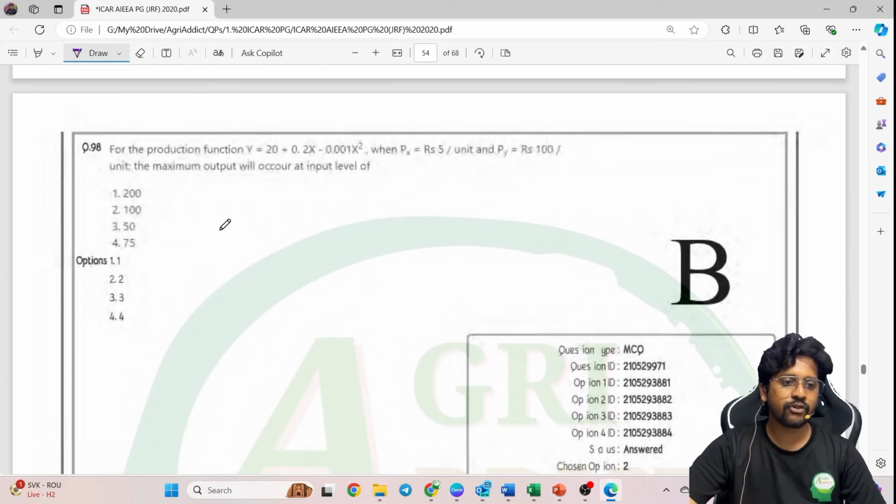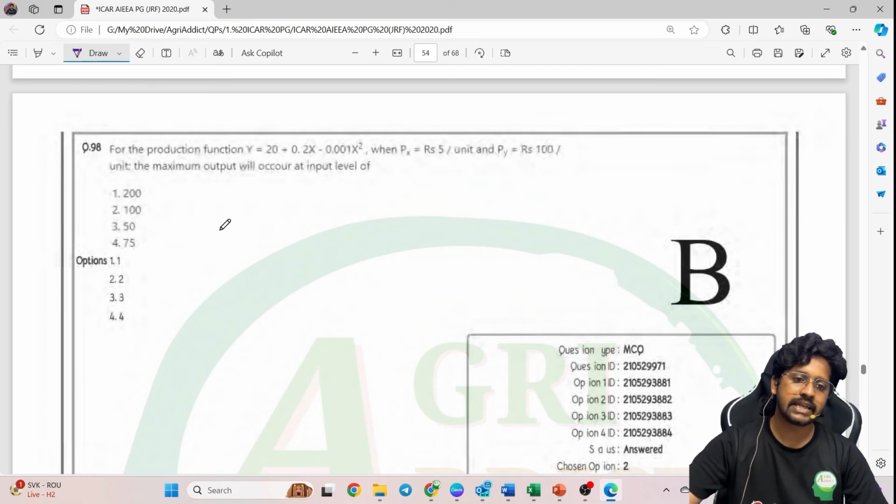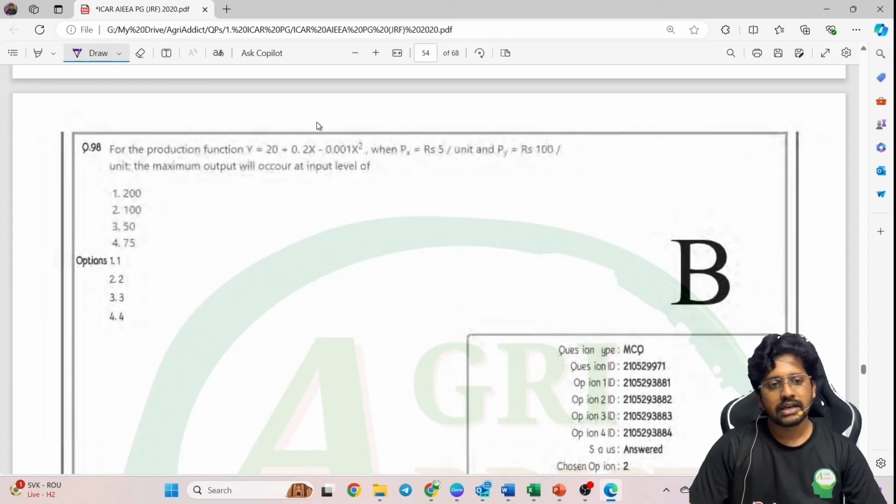Question number 98. For the production function y is equal to 20 plus 0.2x minus 0.001x square, when px is equal to rupees 5 per unit and py is equal to rupees 100 per unit, the maximum output will occur at the input level. Actually, a production function is the technical and mathematical relationship between the input as well as output.